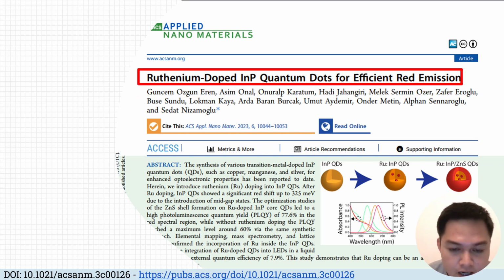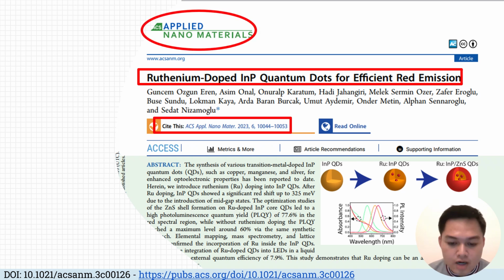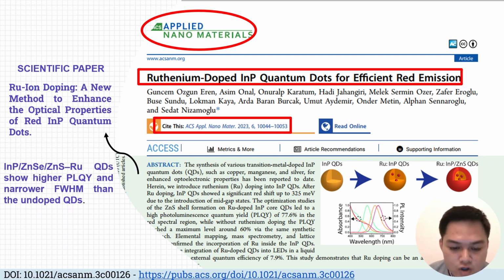This slide introduces a paper from Applied Nano Materials about ruthenium-doped indium phosphate quantum dots that show a better red emission by adding ruthenium. The quantum dots have higher PL with photoluminescence quantum yield and nano emissions, and a strong result at 345 meV.